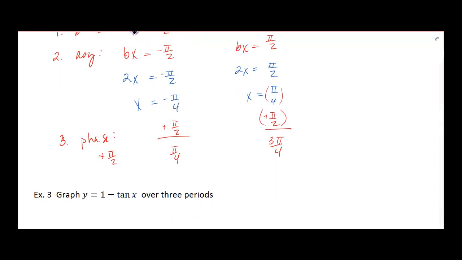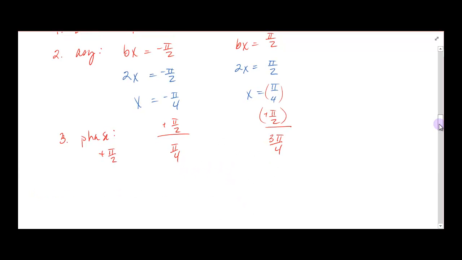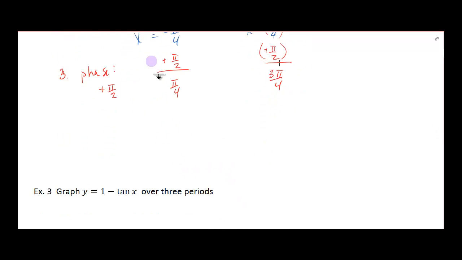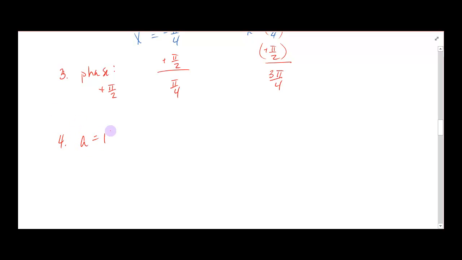So what do I have going on here? I have one complete picture occurring between pi over 4 and 3 pi over 4. Again, on this particular function, I had not an amplitude, but I knew that a was equal to 1, so that I can mark that along the y-axis.